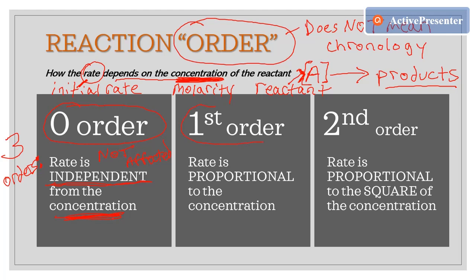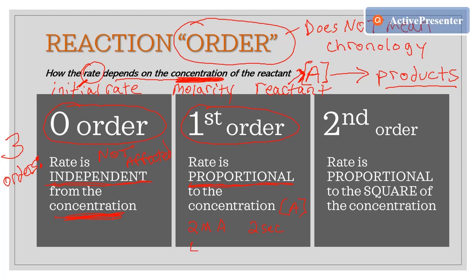And then we have the first order, where the rate is proportional to the concentration of the reactant A. So if you have a concentration of 2 molarity of A, the rate could take 2 seconds to start before it starts reacting.